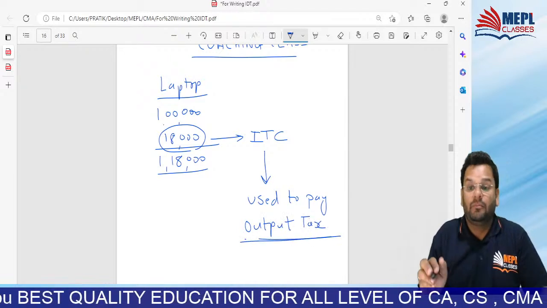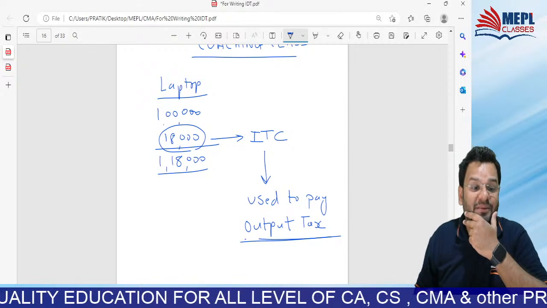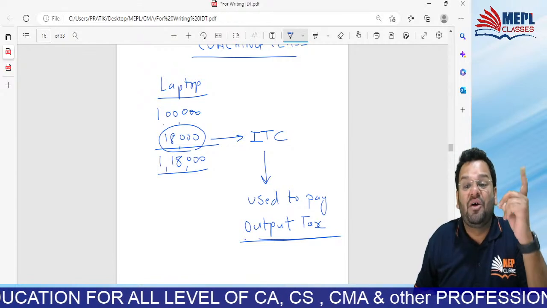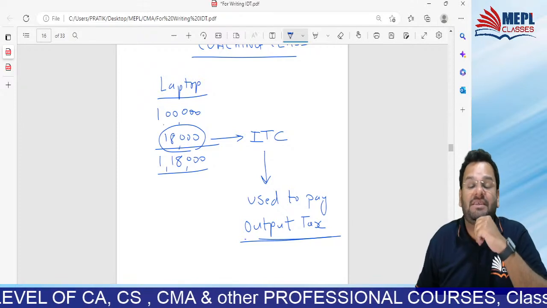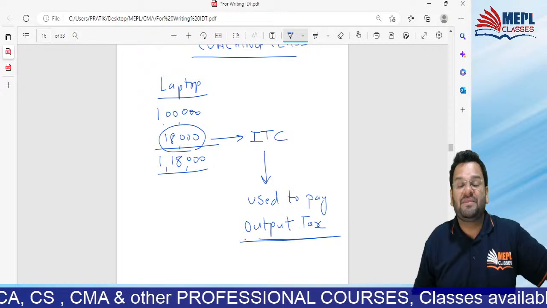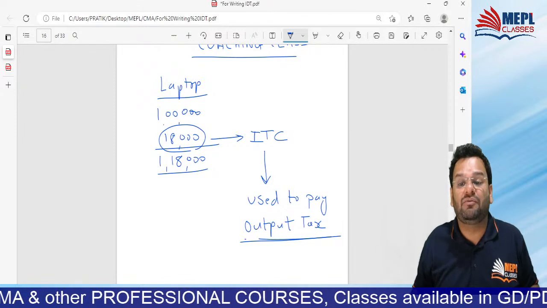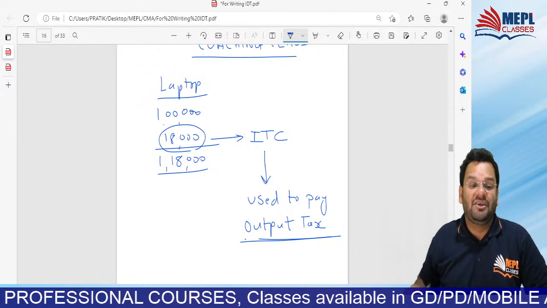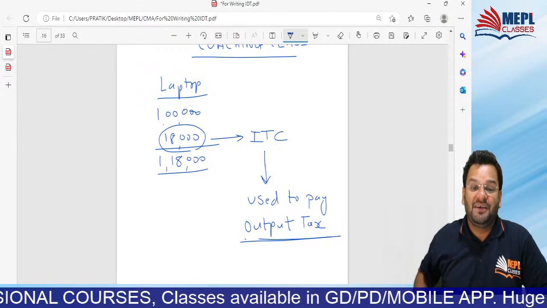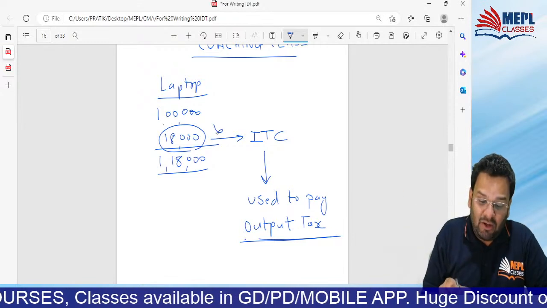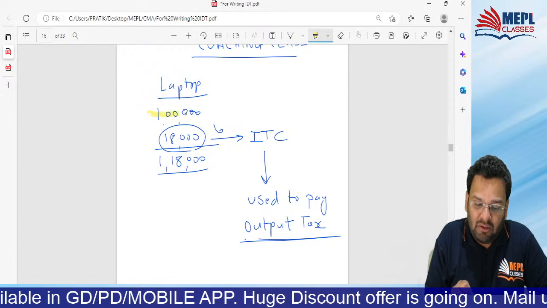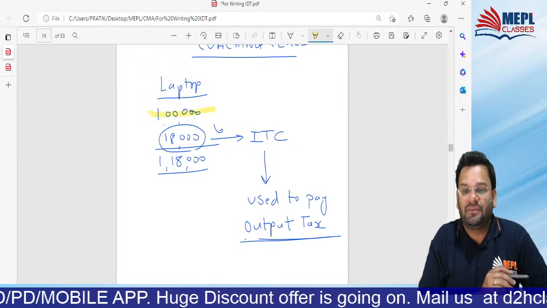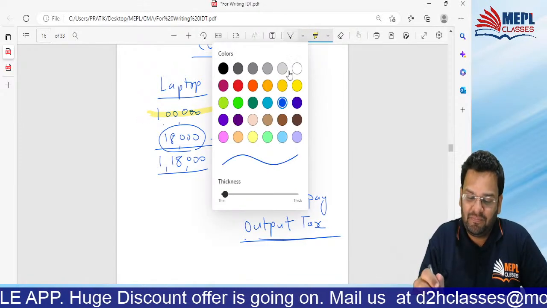Agreed? So someone tell me, what is the net cost of this laptop for this business? They will not take 18,000 as cost. Their net cost will be only 1 lakh rupees. Do you agree with me?